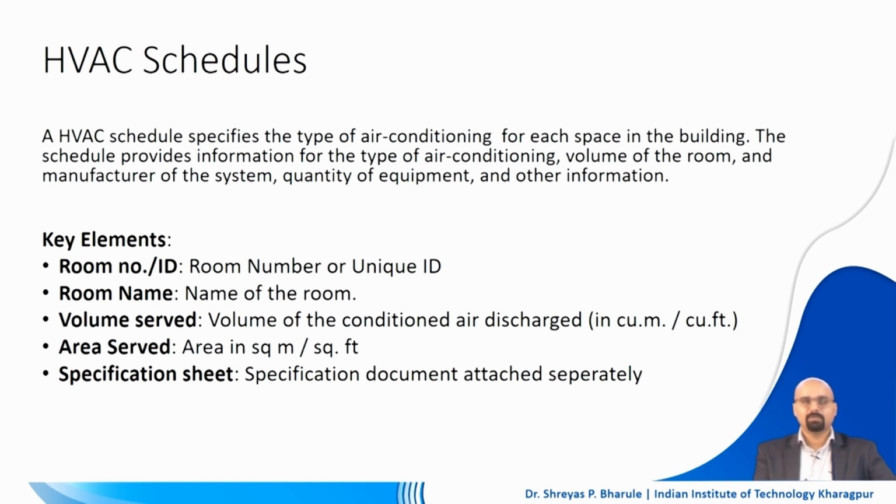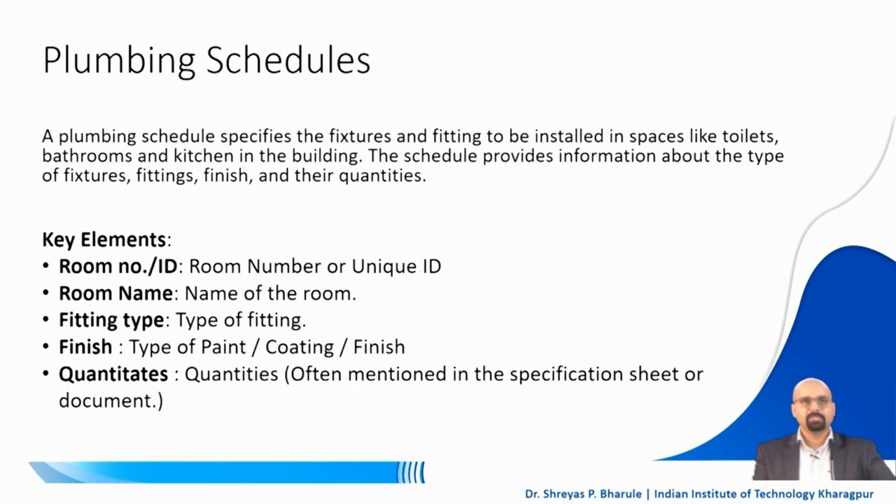Along with that, you have the volume served, you have the area served, the floor area of the room is also to be mentioned. Then you have the specification sheet, which usually the consultant attaches as a separate document, wherein you have all the specifications of the equipment which will be installed in this particular place or this particular room or floor, right. Next you have plumbing schedules.